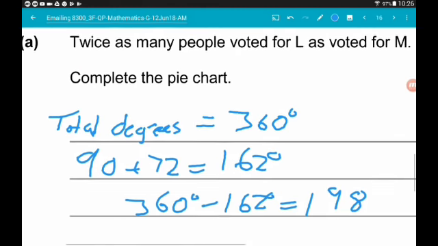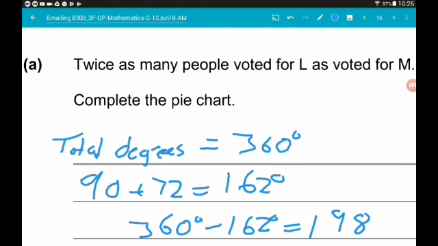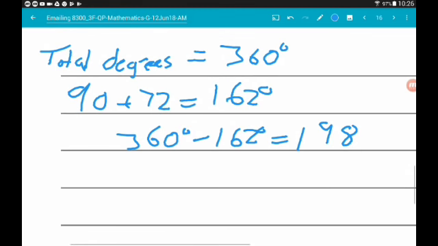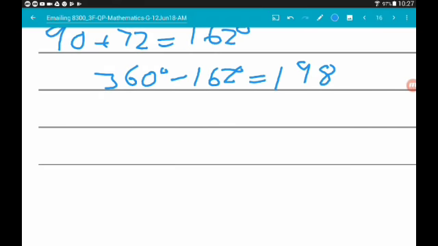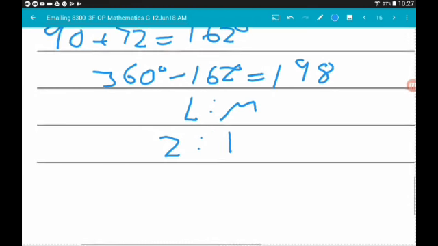Now we're told twice as many people voted for L as voted for M. So we can now think of this as a ratio. So L to M is 2 to 1.